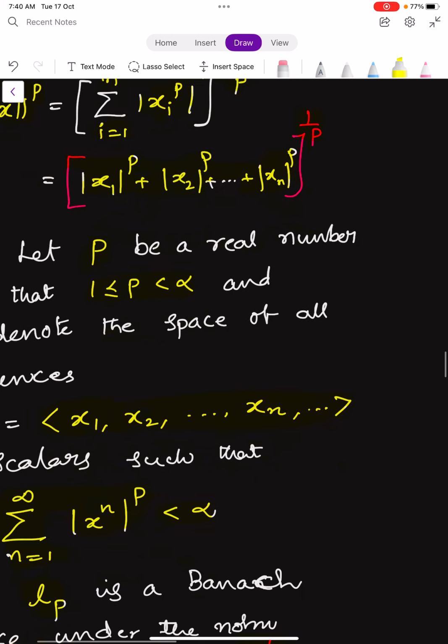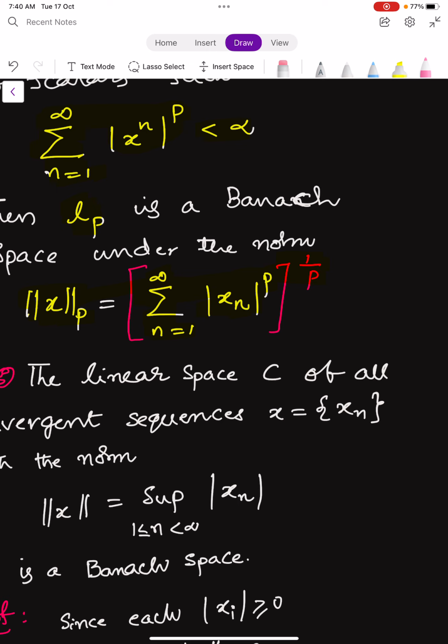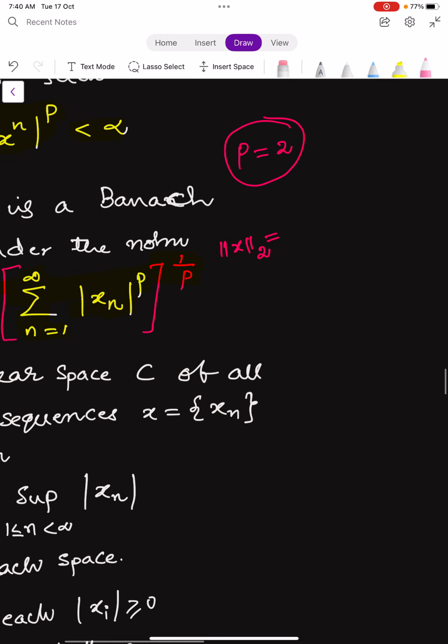If you replace p equals 2, you get ||x||_2 equals summation over n equals 1 to infinity of |xn| power 2, whole power 1 by 2.